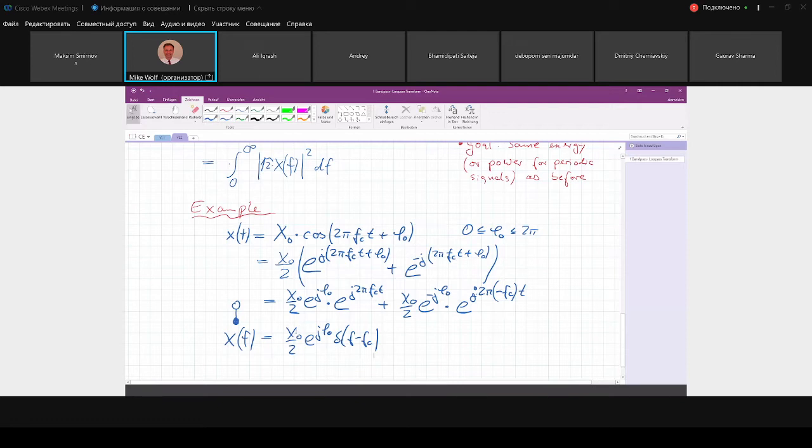And the amplitude is x naught by 2, because x naught was an amplitude, and this is the phase. And then plus x naught by 2, this is the complex conjugate. Then there is a discrete spectral component at minus fc.